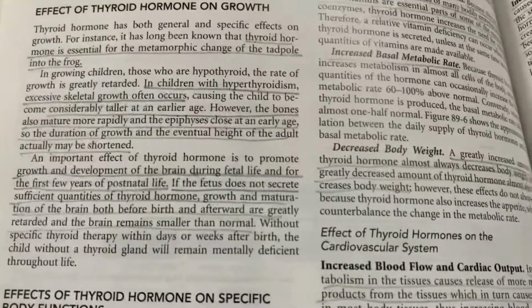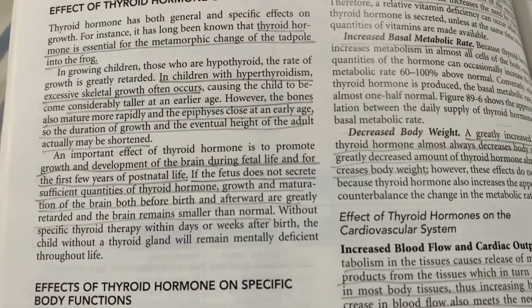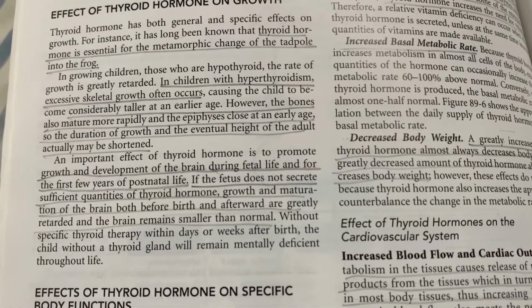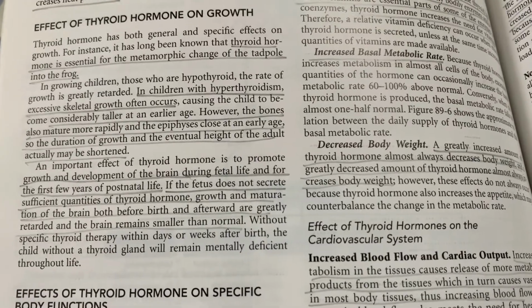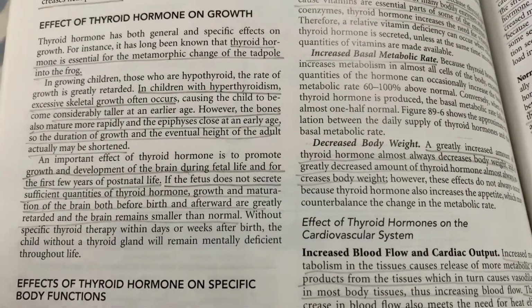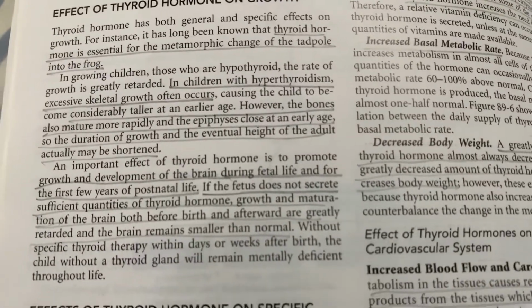However, after the epiphyseal fusion occurs, after the epiphyses close, then in later years the person with normal levels of thyroid hormones will grow taller than the person who had hyperthyroidism at an earlier age, okay?